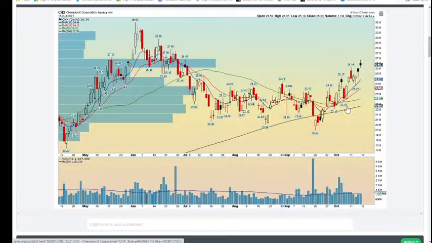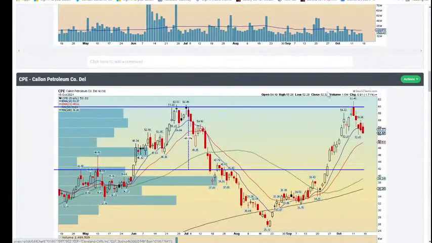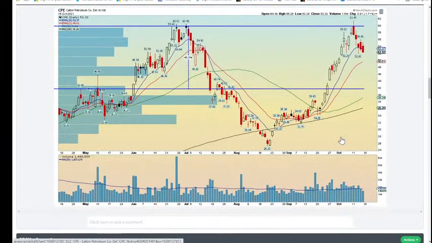Energy's still been doing well. I think it's probably getting to a point where we might see a pullback there, running into some overhead supply. CLF, CP, so this is what I had marked last week, a 43% move out of this lower base. So if you captured any of that, that was a great trade.